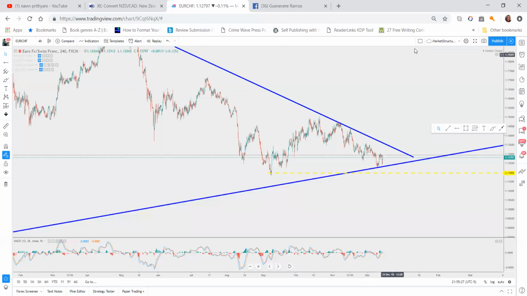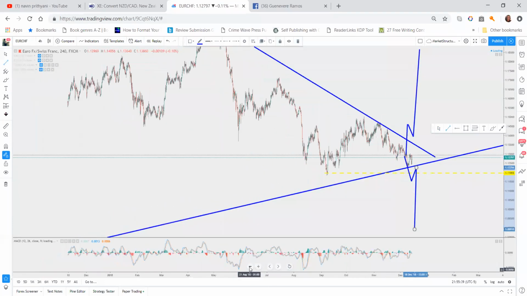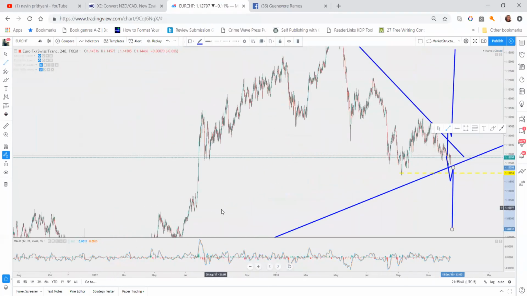So you could see this if it breaks out and corrects, buy back up there, break down here and correct, sell back down there. And the way you would get your take profits, if you look right here, you had a huge push to the upside of 500 pips.